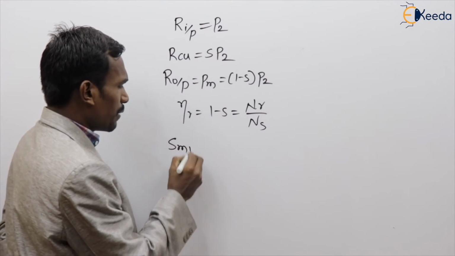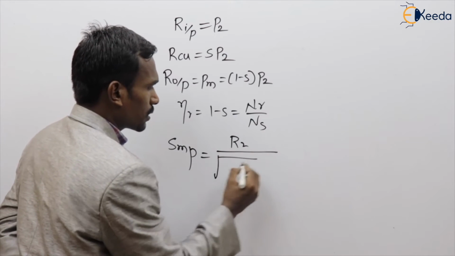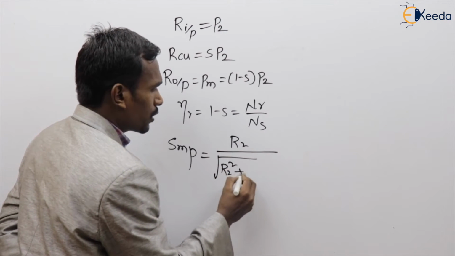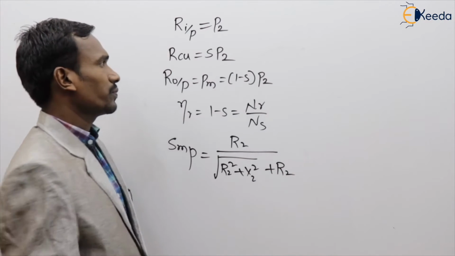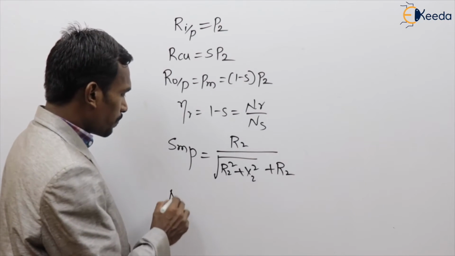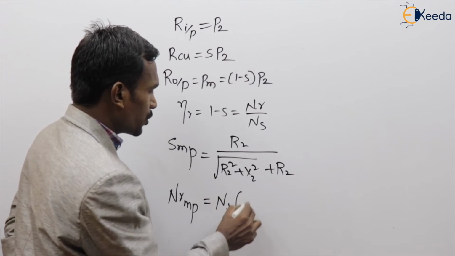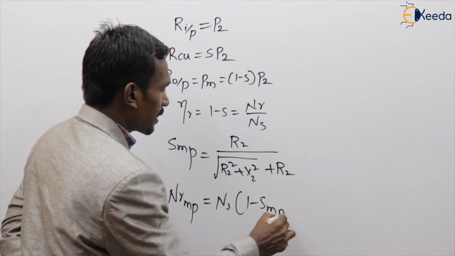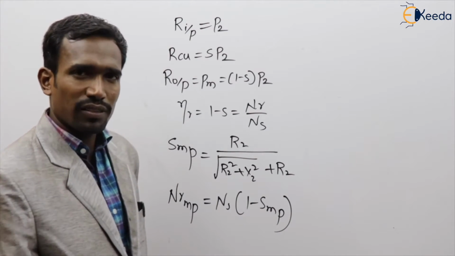Slip at maximum power is R2 by square root of R2 square plus X2 square plus R2. Rotor speed at maximum power is equal to Ns into (1 minus slip at maximum power). These are the formulas in power equations.